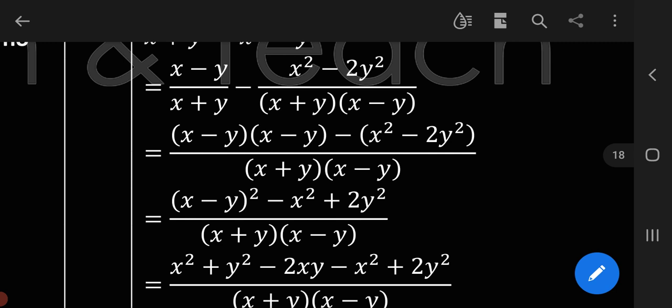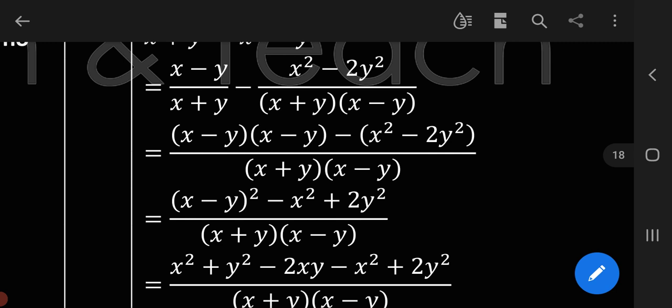Now LCM divided by the denominator of the first algebraic expression, that is x plus y. So x plus y will be cancelled. The result will be x minus y. Now multiply x minus y with the top x minus y. So two same factors will come. We can also write them as x minus y whole square.